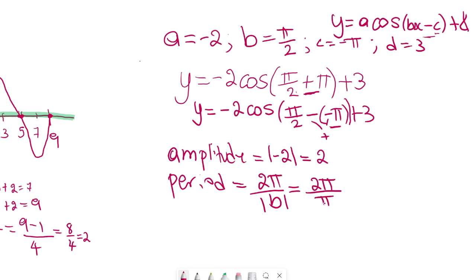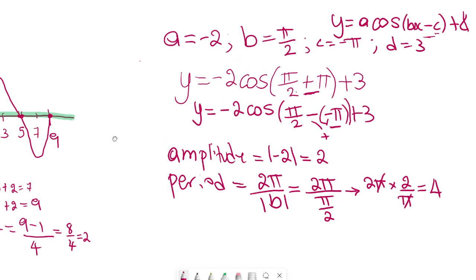And yes, we're going to do keep change flip. So you keep your numerator as 2 pi. You change that division sign to multiplication. So now this becomes 2 divided by pi. And so we will cancel. And here we have 2 times 2, which is 4. So my period is 4.